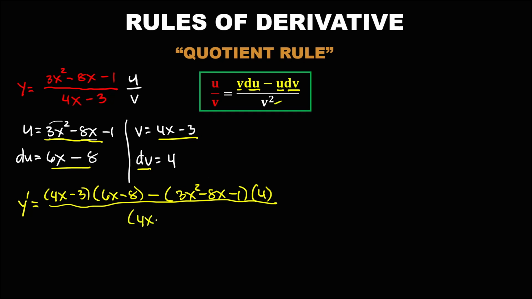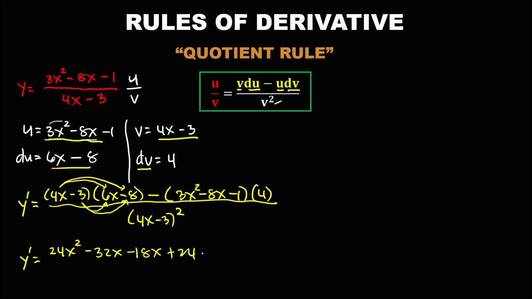So we have 4x minus 3 quantity to the power 2. Then to simplify, multiply 4x and 6x. This becomes 24x to the power 2. 4x times negative 8 is negative 32x. Negative 3 times 6x is negative 18x, negative times negative, that's positive 24.